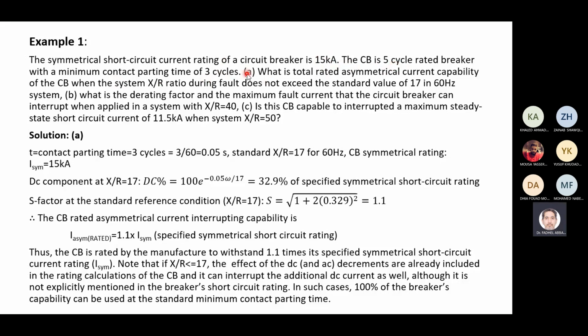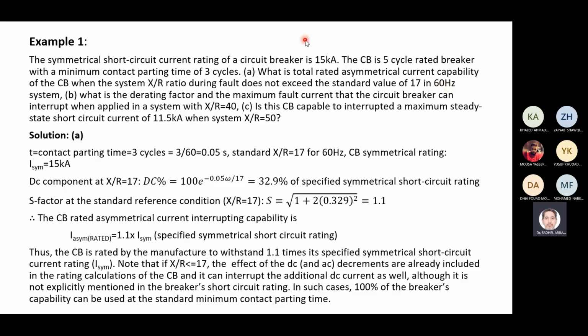So this is important. I need to know the total rated symmetrical current capability of the circuit breaker when the system X to R ratio during fault does not exceed the standard value of 17 at 60 Hz, or 14 for 50 Hz.